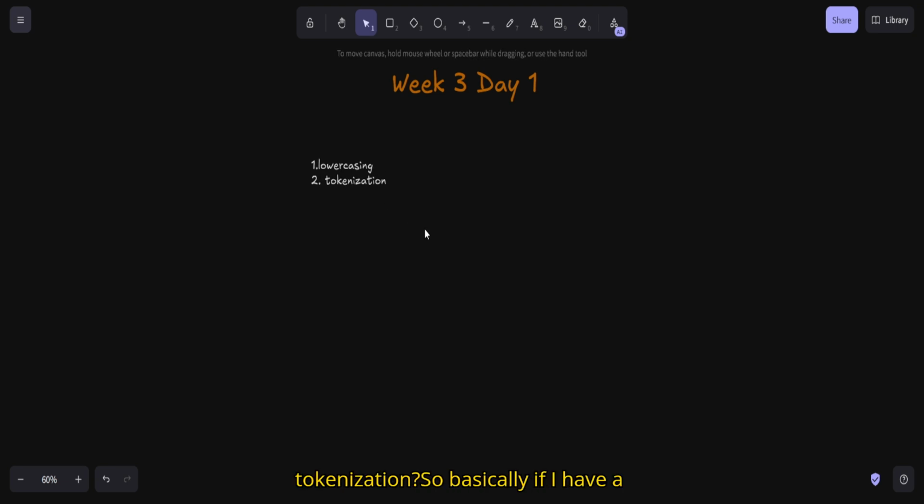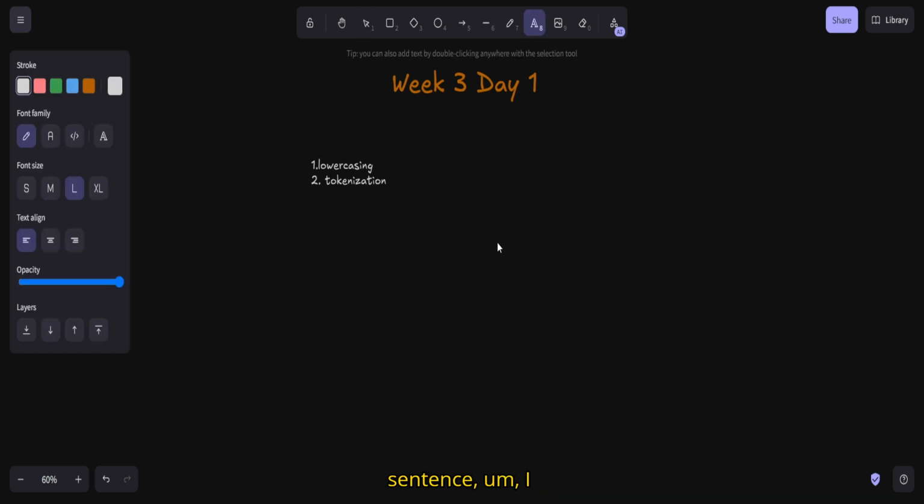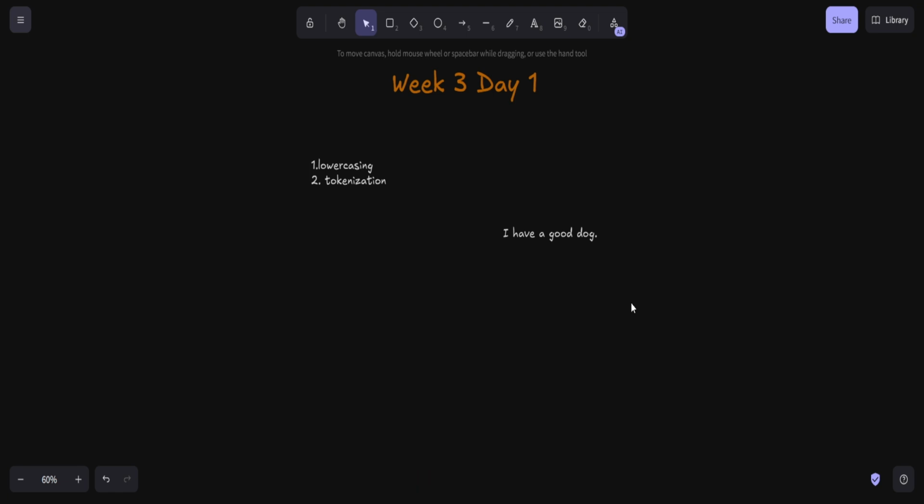What's tokenization? Basically, if I have a sentence, I have a good dog, we can't give this whole sentence to the model. We cannot pass a whole sentence into the model, so we need to break it into parts.